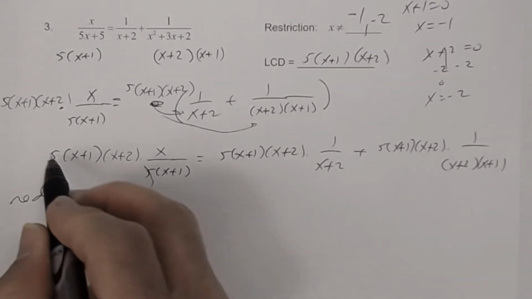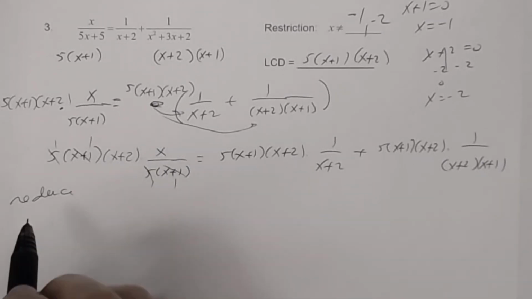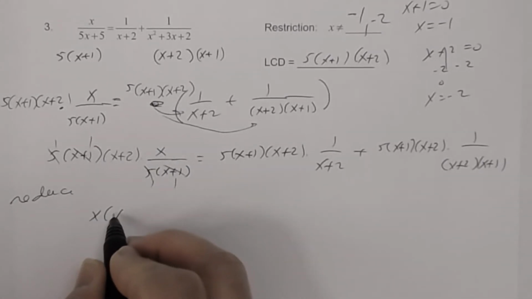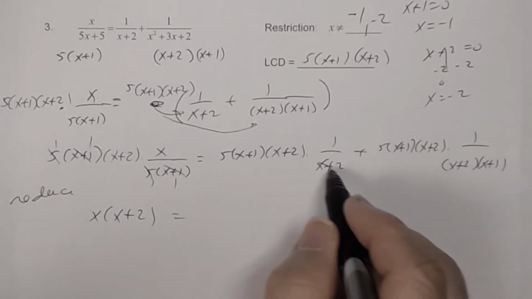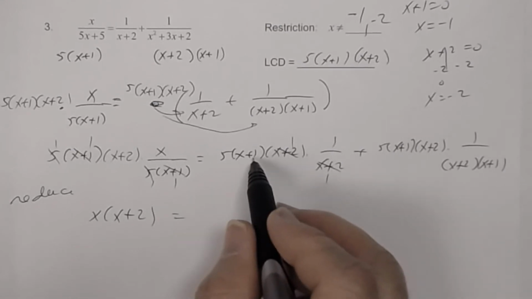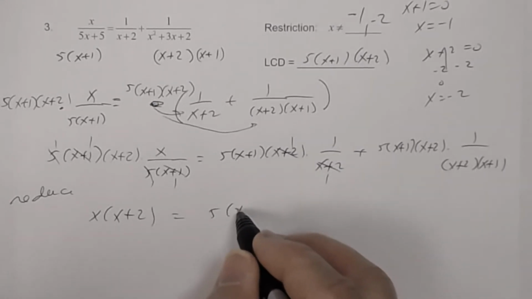So the 5's divide out, the x plus 1's divide out, and you have x times x plus 2. Equal, the x plus 2's divide out, and you get 5 times x plus 1 times 1 times 1, which is 5 times x plus 1, right?